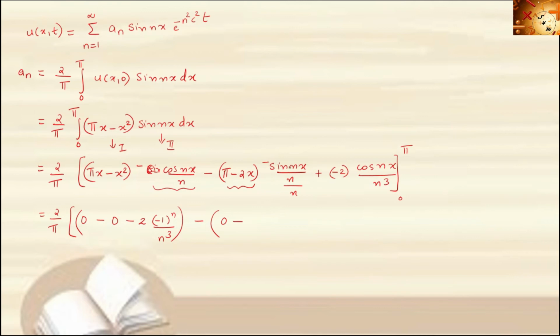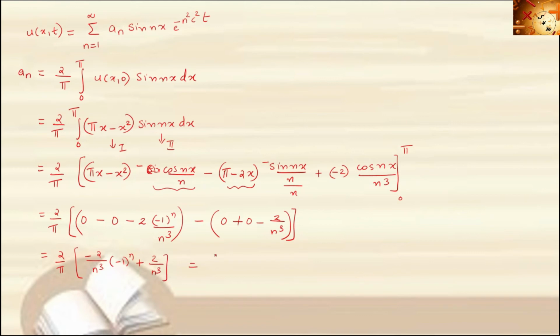Next, sin 0 is again 0. Then minus cos 0 is 1, so minus 2 by n cube. That is equal to 2 by pi into minus 2 divided by n cube into minus 1 whole power n plus 2 by n cube.